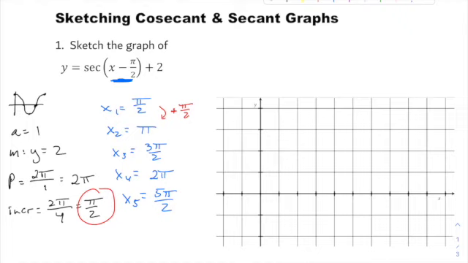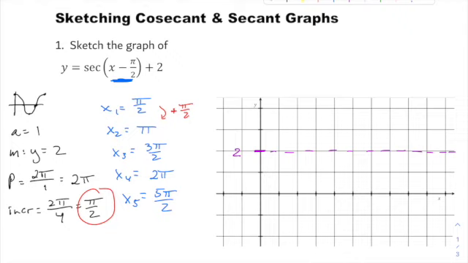So here you have all the key information, and I'm still going to approach it as if I was graphing a positive cosine with all this information. So on the y-axis, my midline is 2 and my amplitude is 1. So that would be right here, there's 2, and so there would be the middle of the graph.